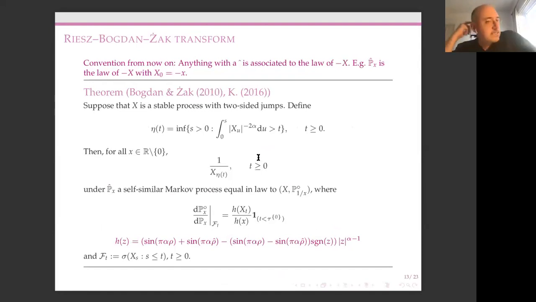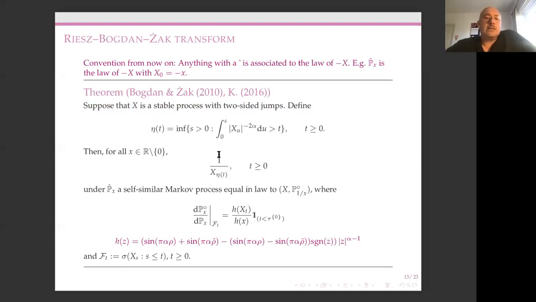This is to do with space-time transformations of stable processes, and it goes as follows. So suppose you have your stable process. Again, I'm going to insist on two-sided jumps. Actually, I don't care what my alpha is for now. And I've got another clock here. So this clock, eta, is the inverse of this integral time here. So we're building up time depending on where the stable process has been, and then we take the inverse of that.